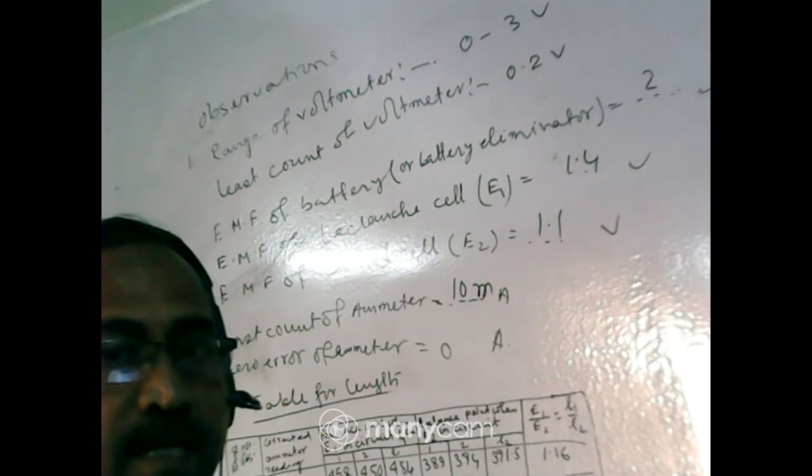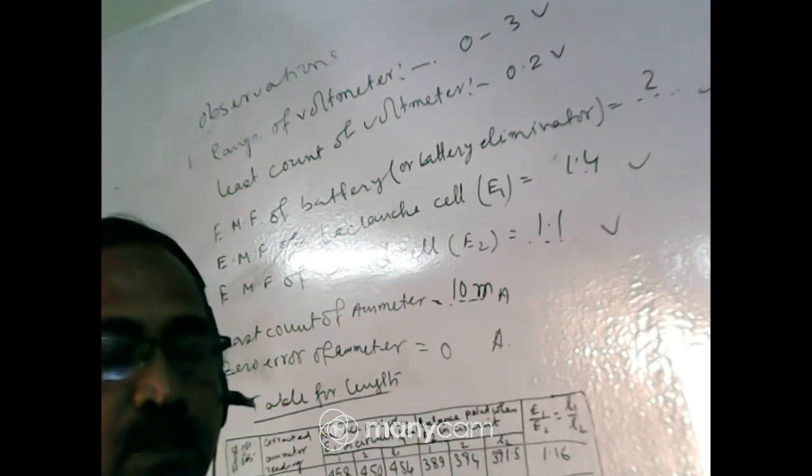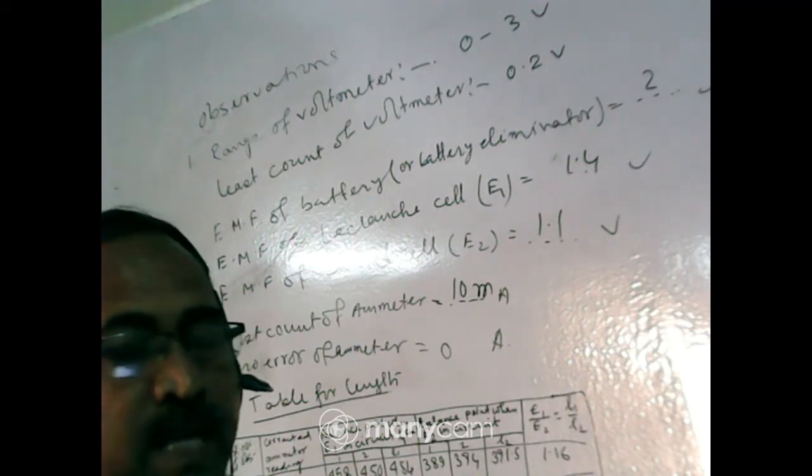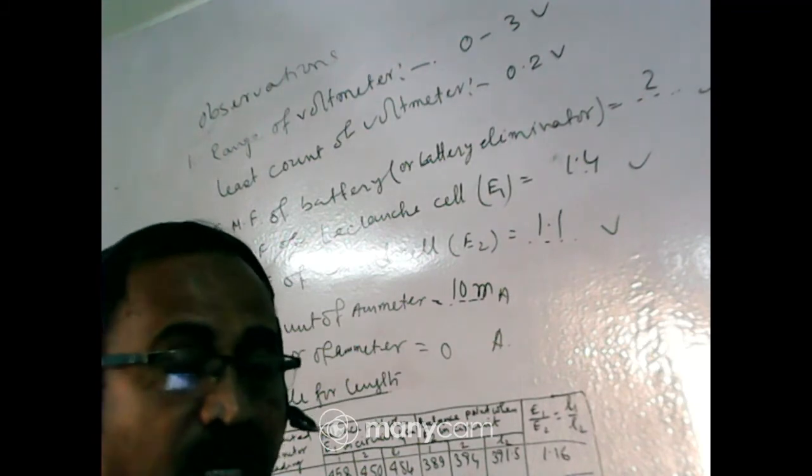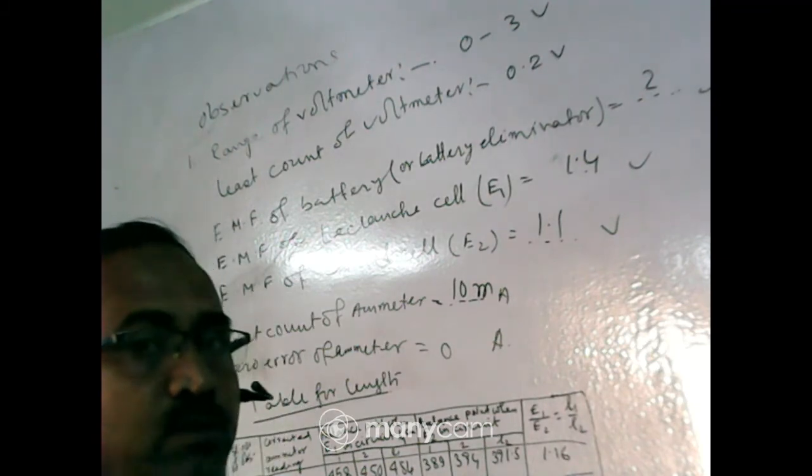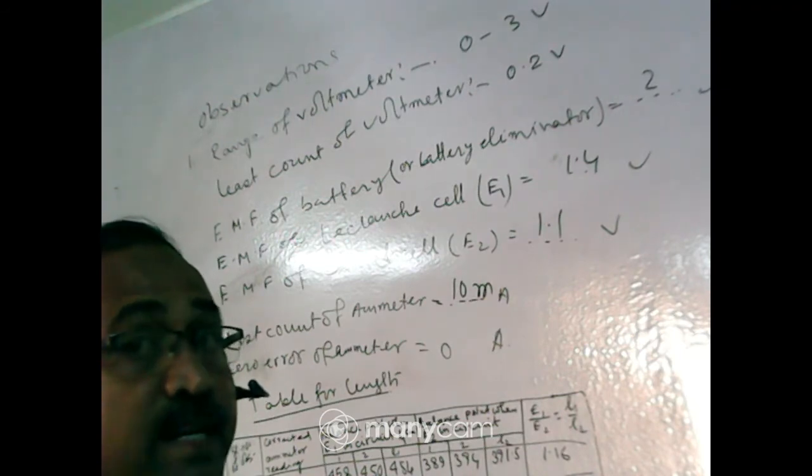The Leclanche cell and dry cell. The EMF of the Leclanche cell is 1.4 volt. The EMF of the Daniell cell is equal to 1.1 volt, and the EMF of the dry cell is equal to 1.45 volt. You buy it from the market for using in a torchlight and radio.